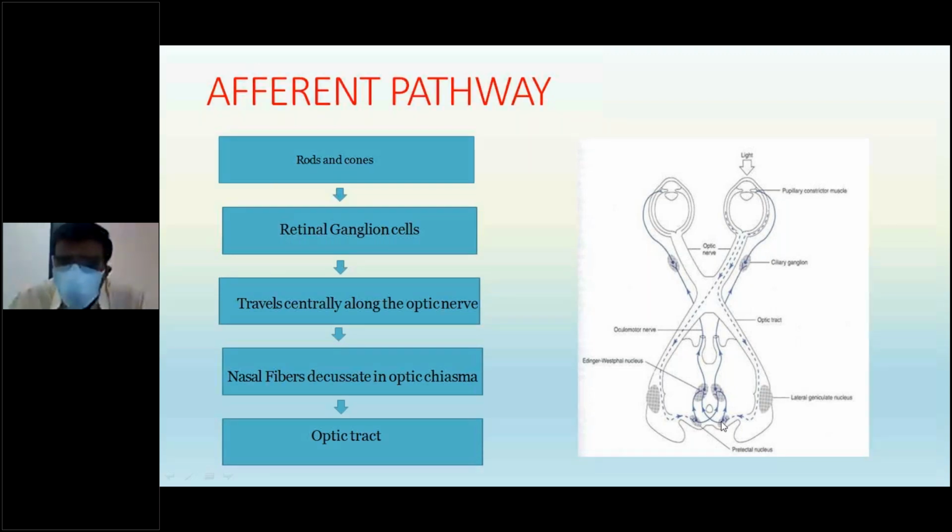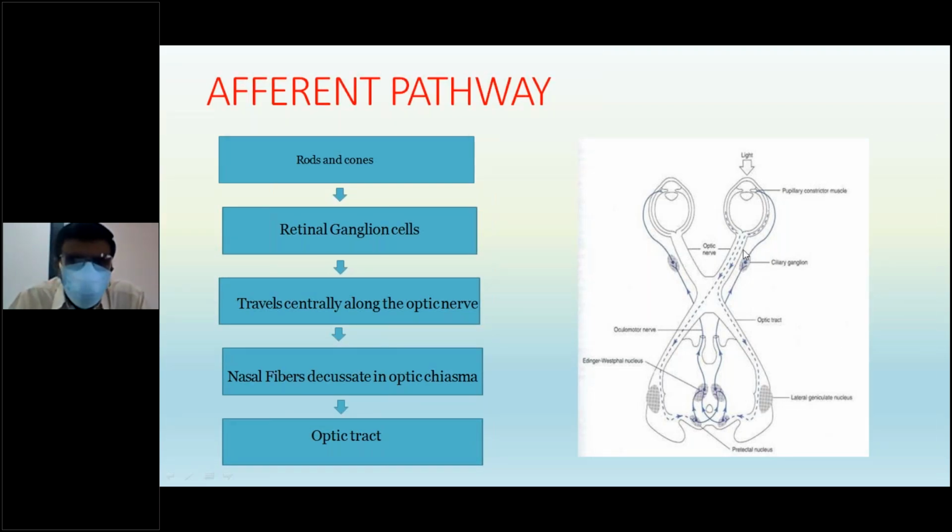The pretectal nucleus of the right eye sends fibers to the Edinger-Westphal nucleus of both right and left side. Similarly, the pretectal nucleus of the left side sends fibers to both right side and left side.